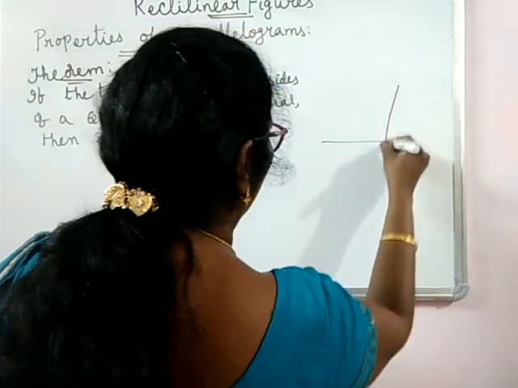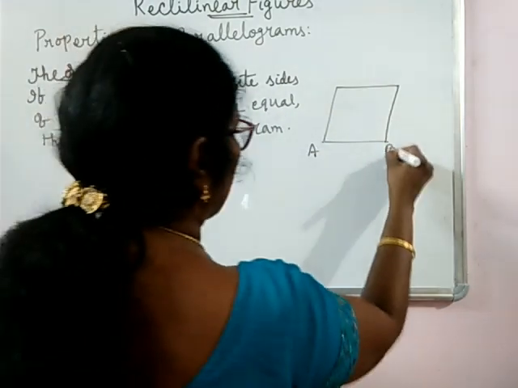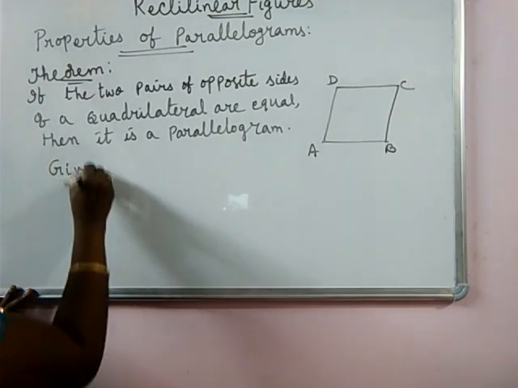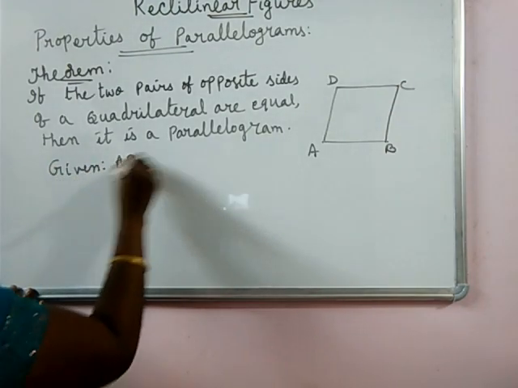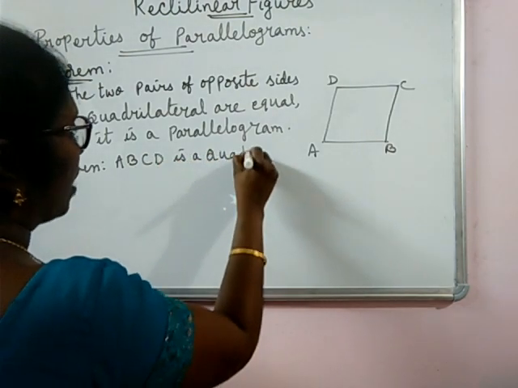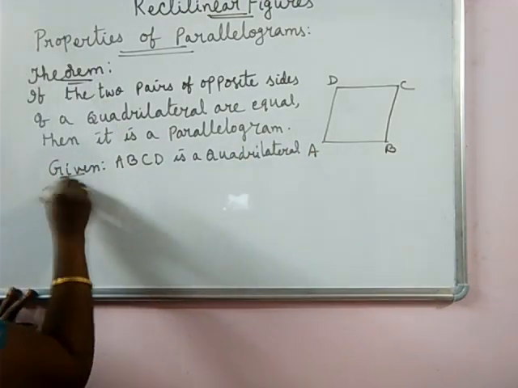We don't know whether this is a parallelogram or not. Let me name it as ABCD. What is given is ABCD is a quadrilateral, and in this quadrilateral both the pairs of opposite sides are equal.